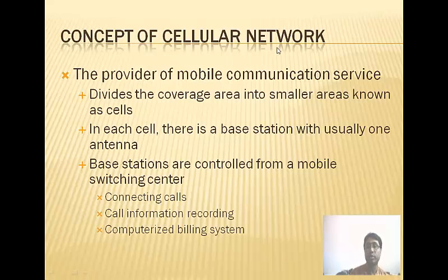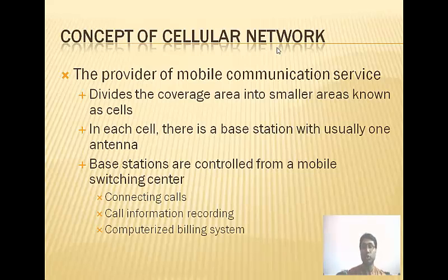Concept of cellular network. Mobile telephone systems work based on cellular networks. So how does a cellular network work? In a cellular network, the service provider or mobile communication company divides the coverage area in which it can provide service into smaller areas.